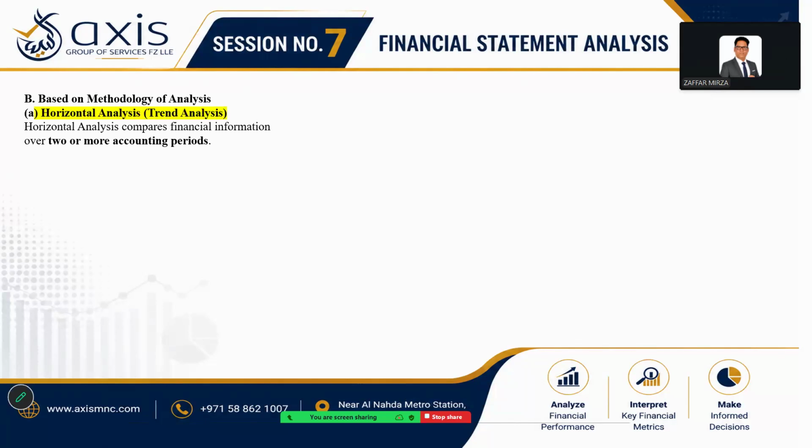Horizontal analysis compares the financial information over two or more accounting periods, for the same company, comparing 2024 and 2025. It measures growth, decline, trends and percentage changes. It is also called trend analysis.